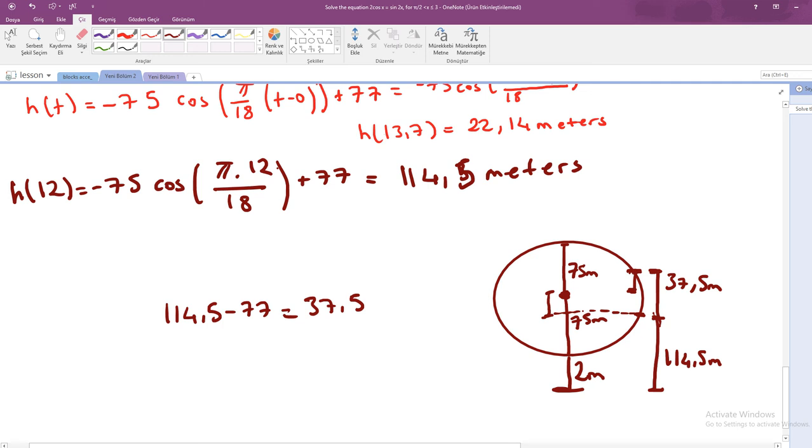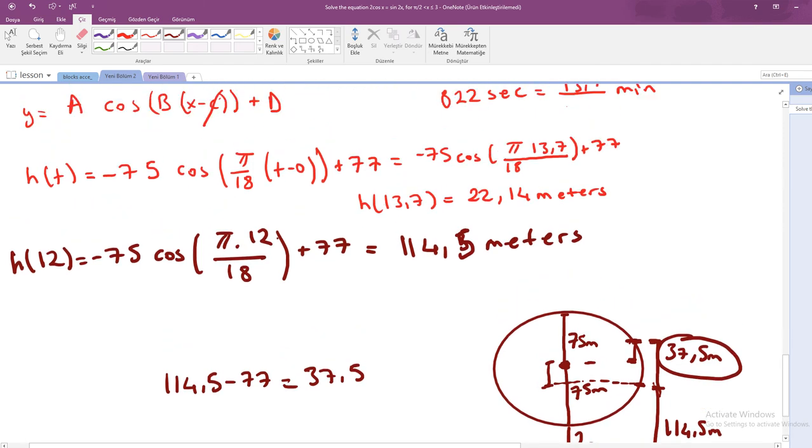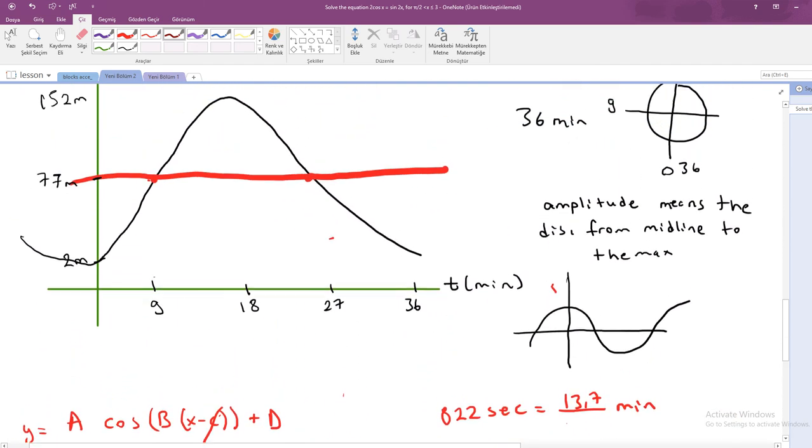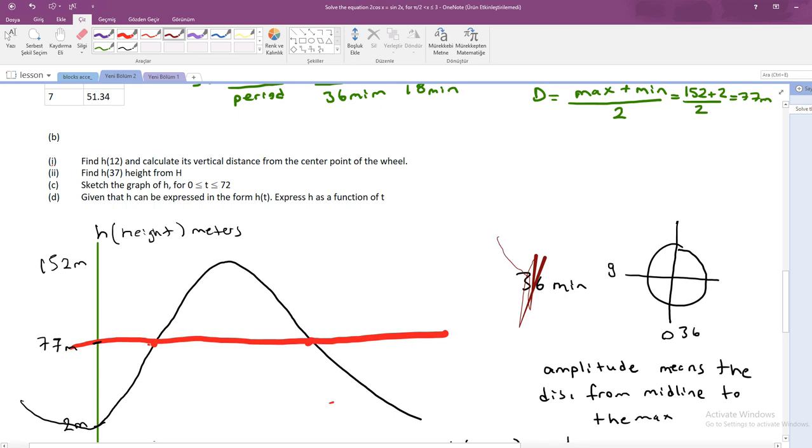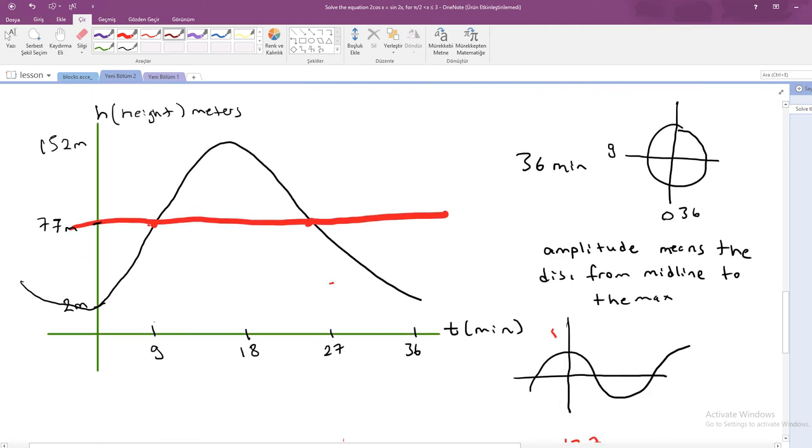So the distance from this point to this point is 37.5 meters. And later, given that, sketch the graph. We already made a sketch, and we created our function as well. So this is the end of the question.